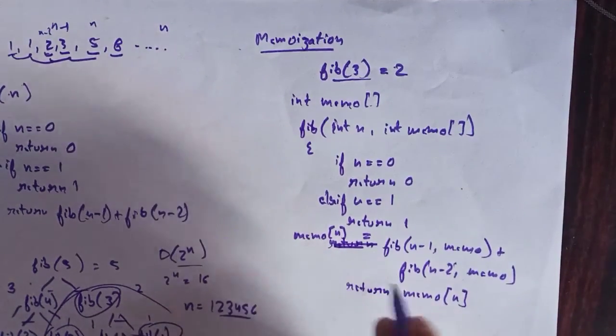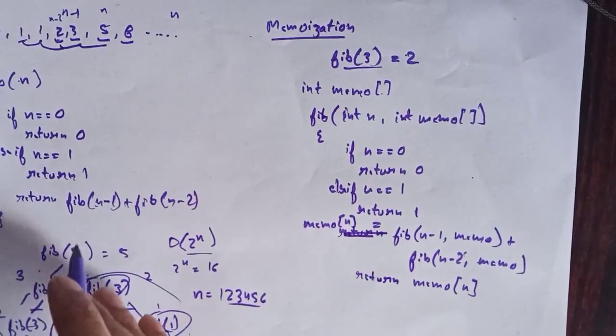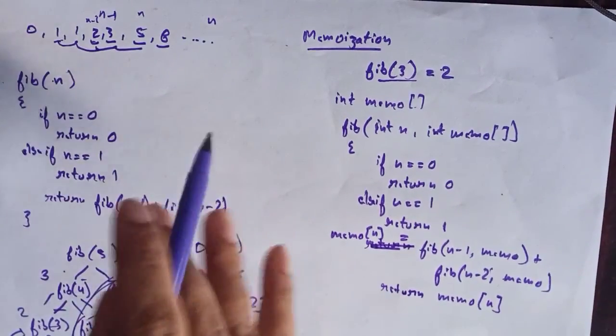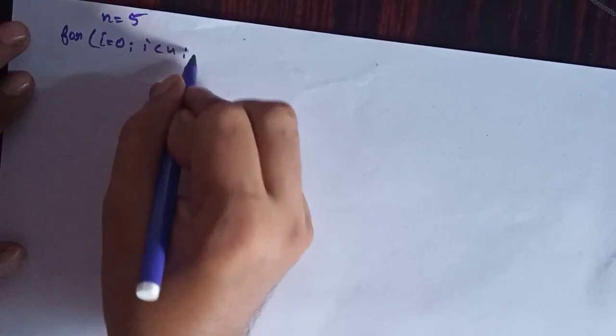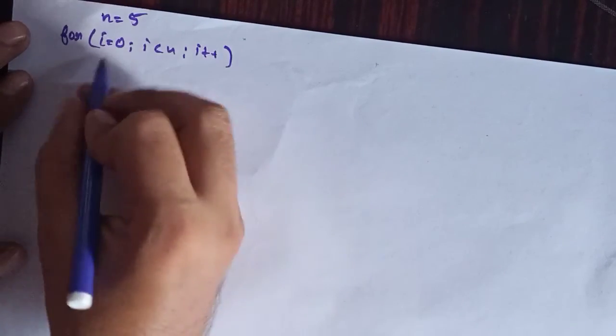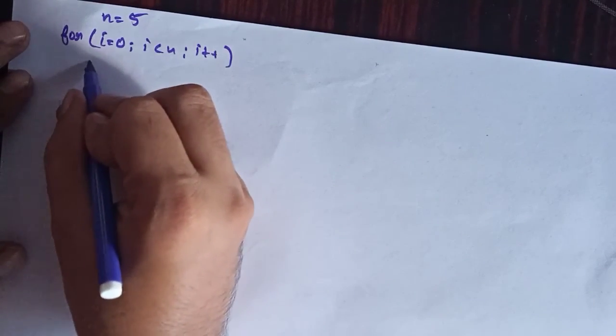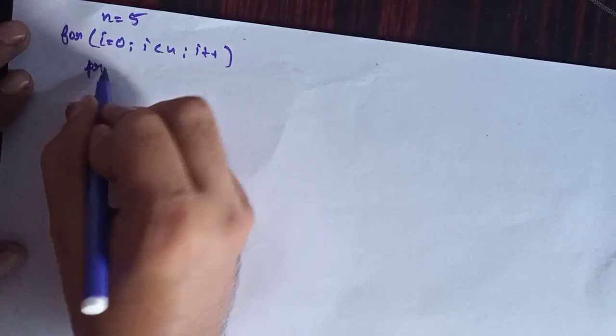Now let us see how this program works and why it is a better approach than our previous solution. We will pass our values in the program. So we are given some n equals 5. For i is equal to 0, i is less than n, i plus plus, we call our function and simply print it.